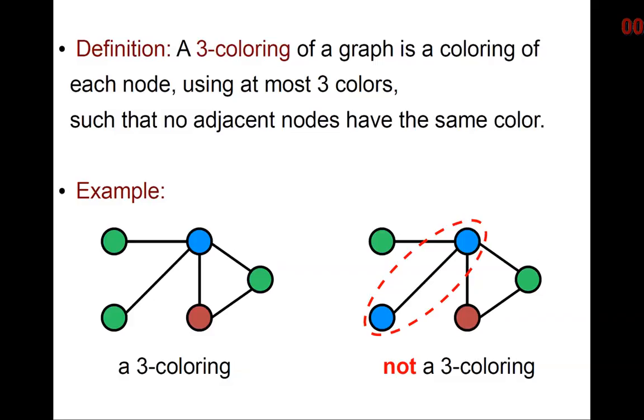So, for example, this thing here is a tree coloring. This thing is not, because there are two adjacent nodes with the same color blue.